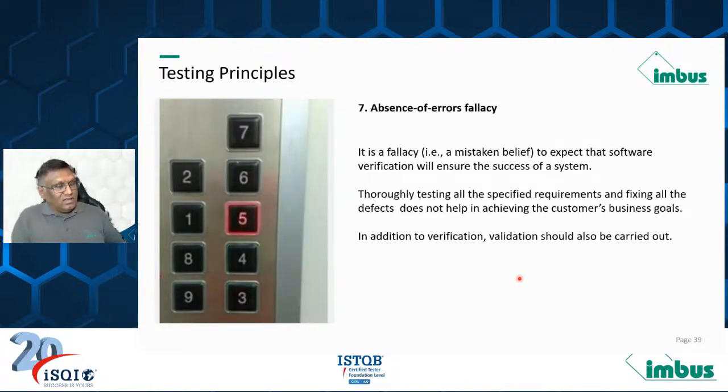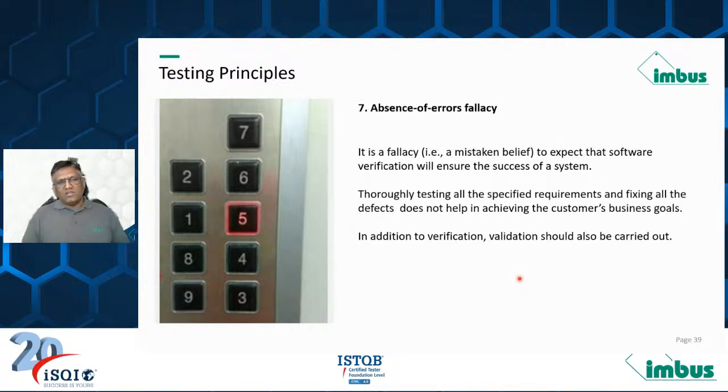And finally, fallacy. This is very, very important to understand. Fallacy is a mistaken belief that if I have all the functionalities available in my product, my customer will start using them. Those were the days when a functional product was defined by its functionalities. Going forward, products are defined by business values, right?